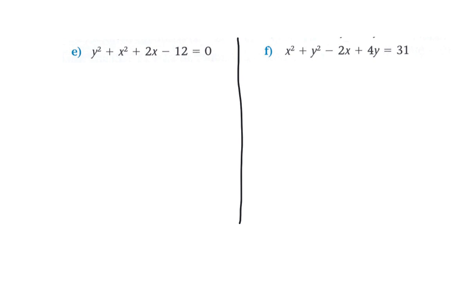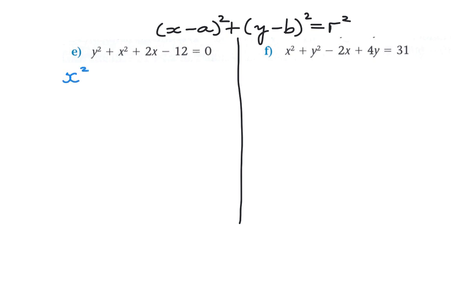We need to write our circle in the standard form, (x minus a) squared plus (y minus b) squared equals r squared, and to do it we need to complete the square. So let's group it as we did in the first example. I have x squared plus 2x. I have my y squared and I take a constant to the other side.